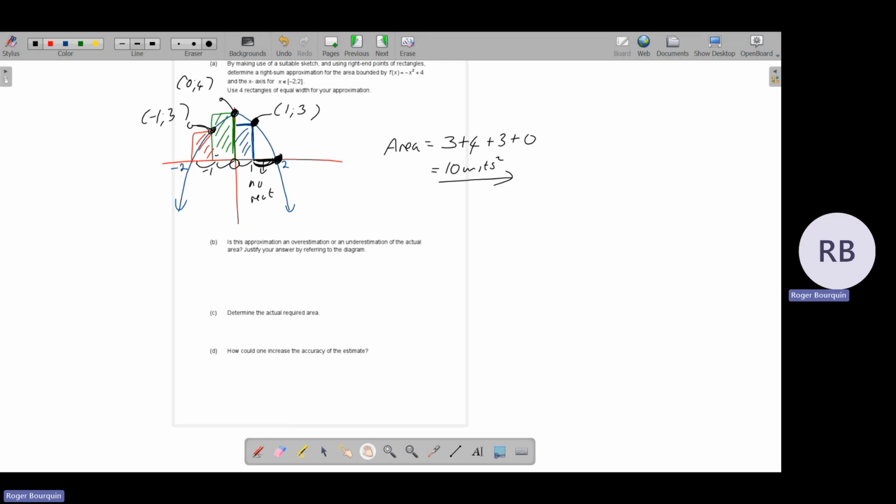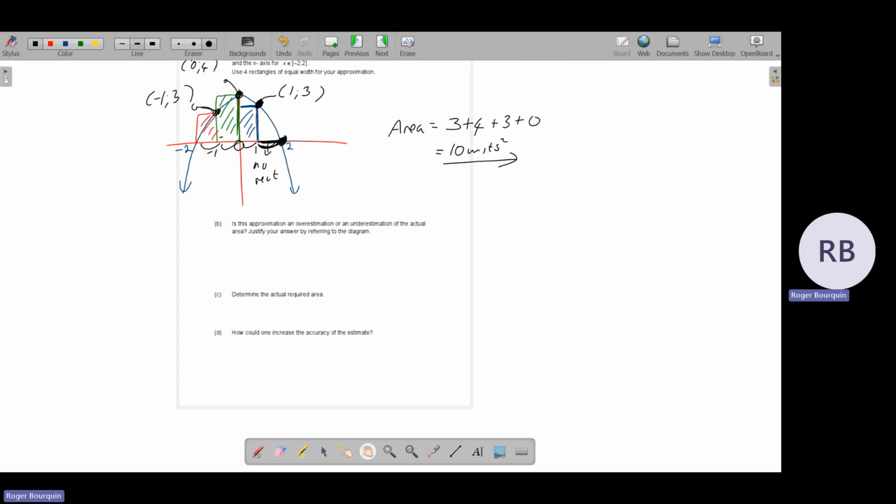Okay, I actually know what this is going to be, if it's an overestimation or underestimation. So if I ask this question, what I'd actually do, I'd work backwards. And I'd say for C, I think it's going to be an underestimation, because this area over here, the yellow bit, is large, which you've left out. Okay, so that's underestimation.